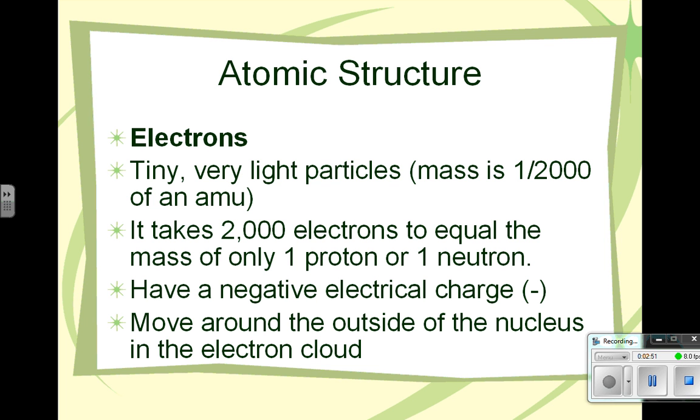It has a negative electrical charge and it moves around the outside of the nucleus inside the atom. They move around in what we call the electron cloud. Other models have used other things, but the modern day model discusses the electron cloud. All right?